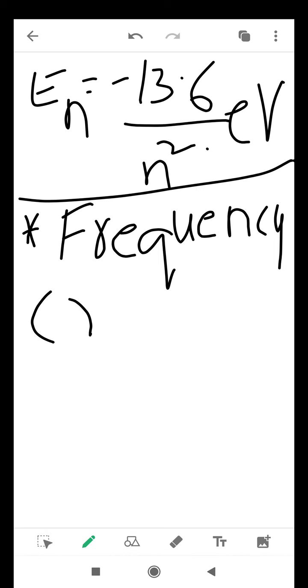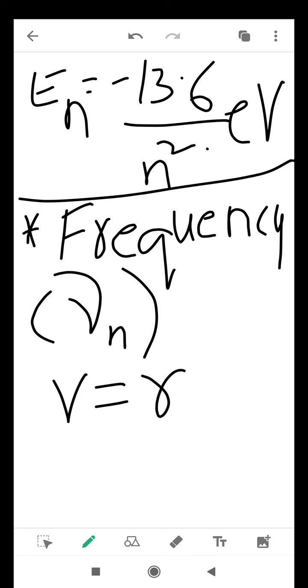We'll denote this as mu, for the nth orbit we are deriving. Now how to get the expression for frequency of an electron with respect to hydrogen atom? We know the relation between linear velocity and angular velocity, that is v is equal to r omega. Since we are deriving for the nth orbit, let us write the subscript n for v and also for r. Also we know the value of omega.